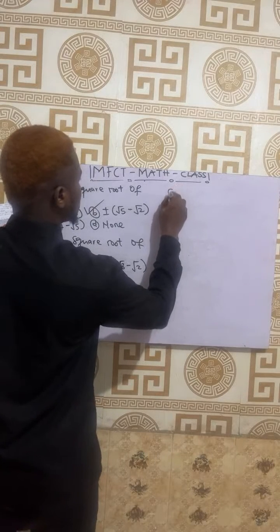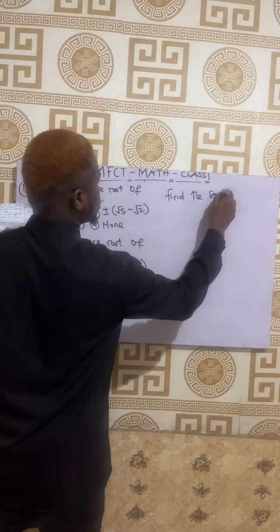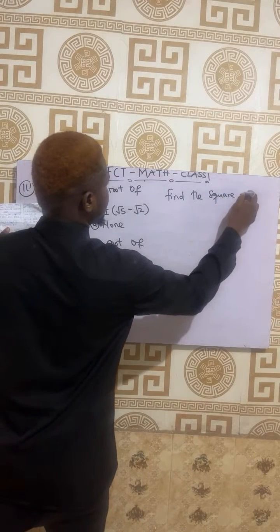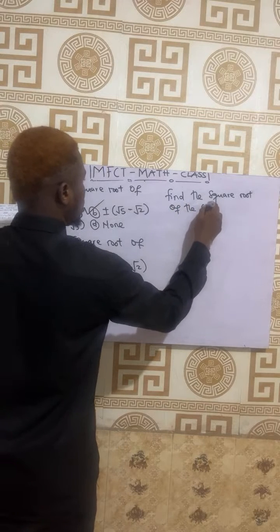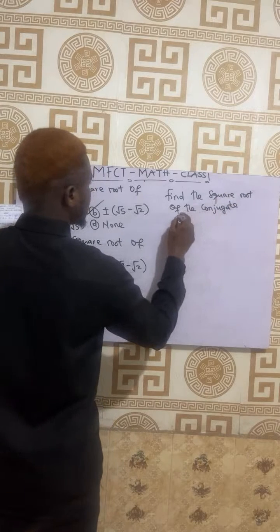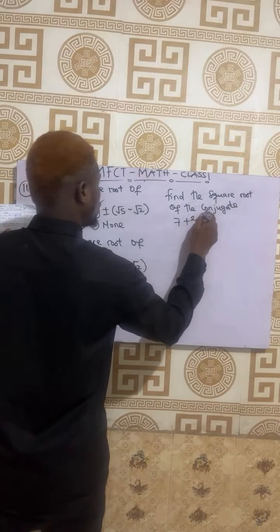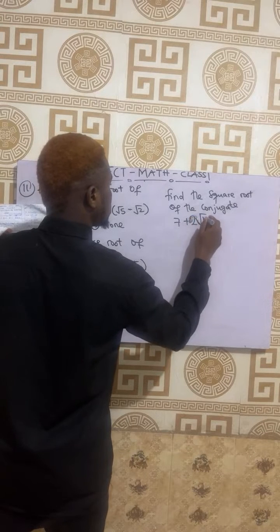Find the square roots of the conjugate of 7 plus 2 root 10.